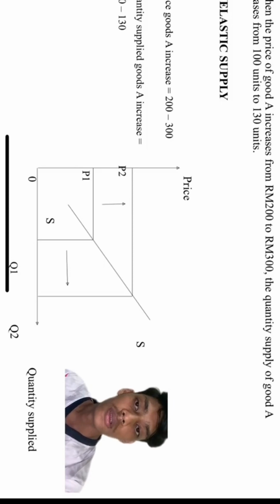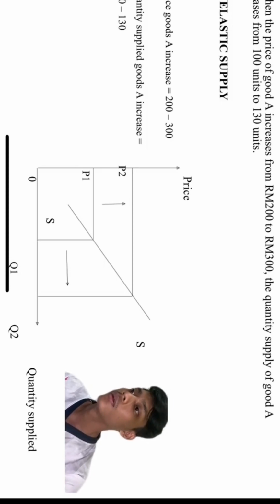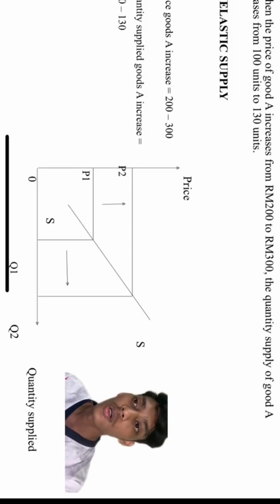Okay, now we go to question B. When the price of good A increases from RM200 to RM300, the quantity supplied of good A increases from 100 units to 130 units. From the question, we know that the answer is inelastic supply.